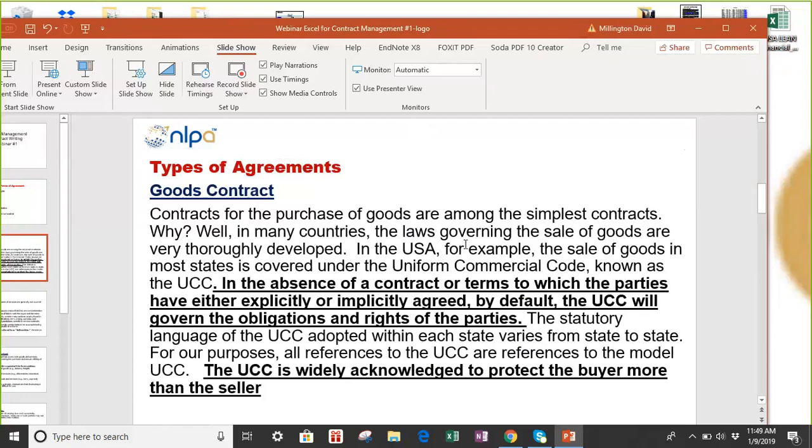We're going to get straight into the types of agreements. The first type of agreement is what we call a goods contract. These are perhaps the most simple of the different types of contracts, as it's usually governed by the framework of the Uniform Commercial Code.